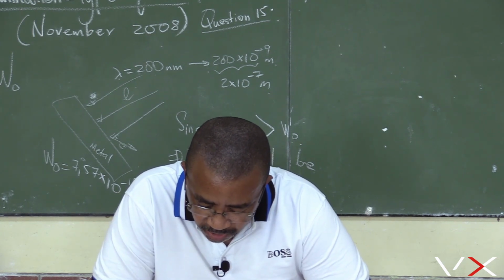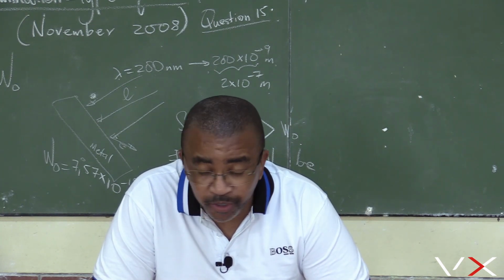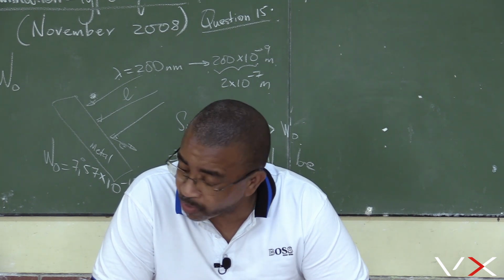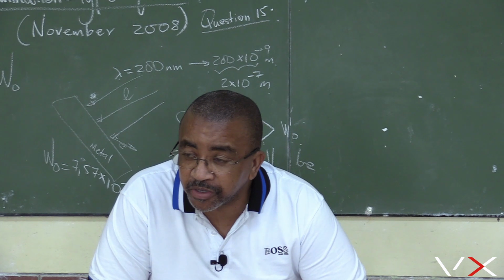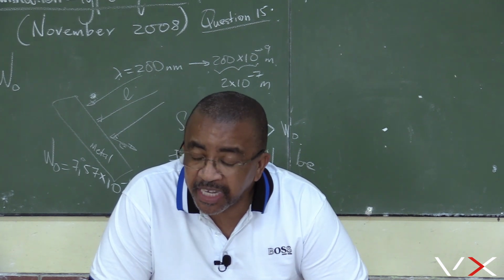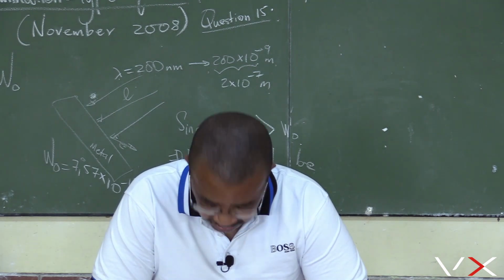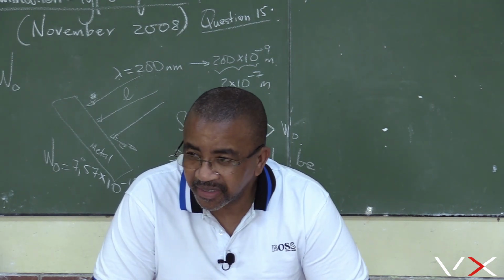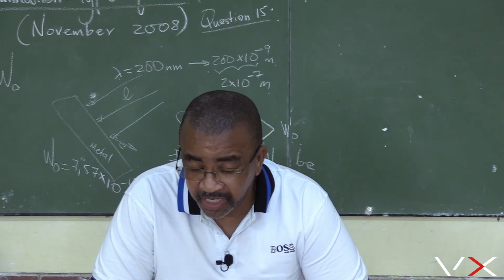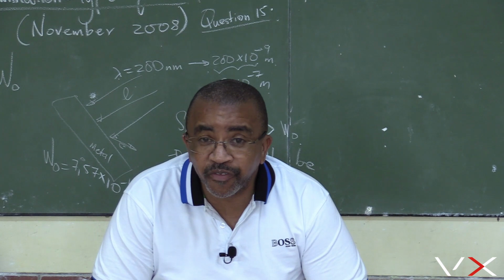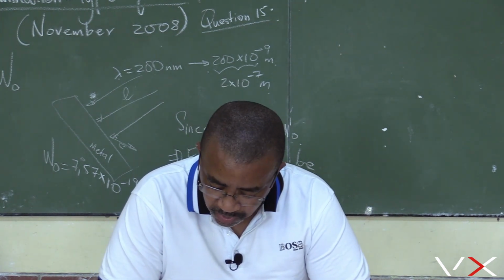The energy of emitted photoelectrons depends on the energy of light. If the energy of light is increased, then the kinetic energy of emitted electrons will be increased.